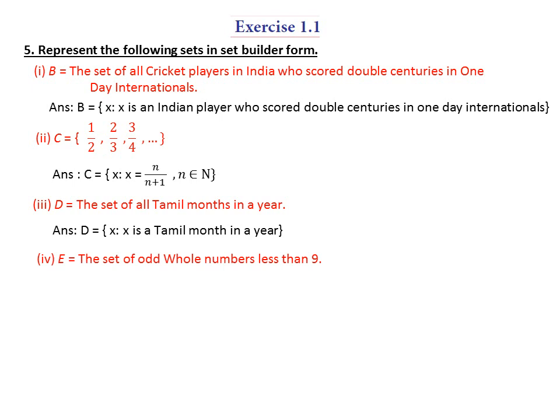Next one, E is equal to the set of odd whole numbers less than 9. We are going to write in set builder form. So E is equal to, take some x, the set of all x such that x is an odd whole number less than 9. That's all.